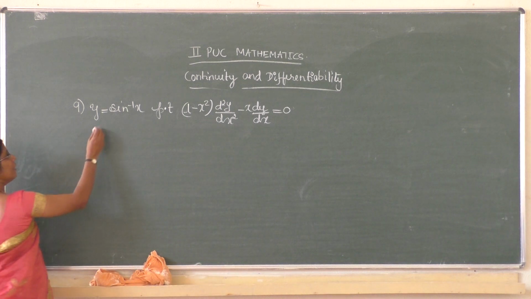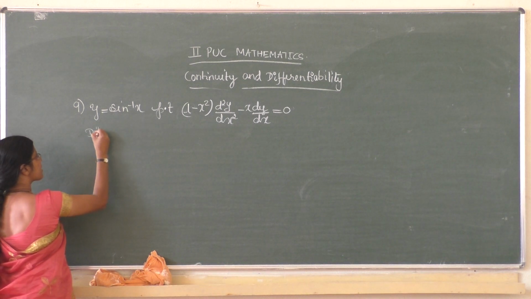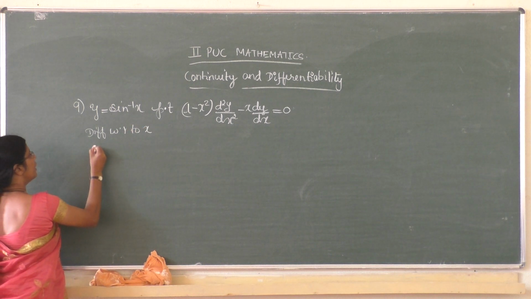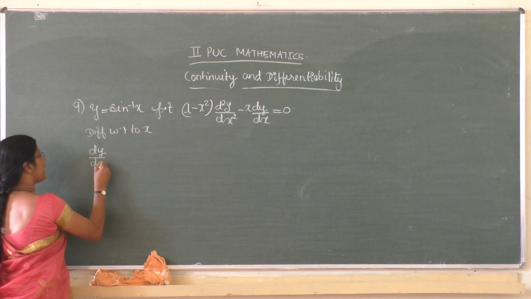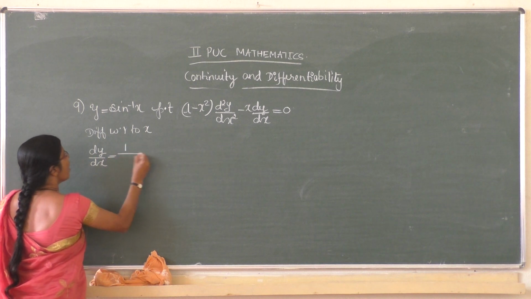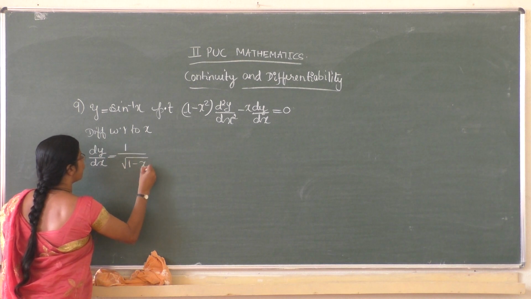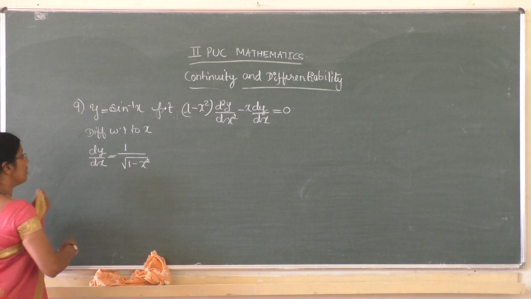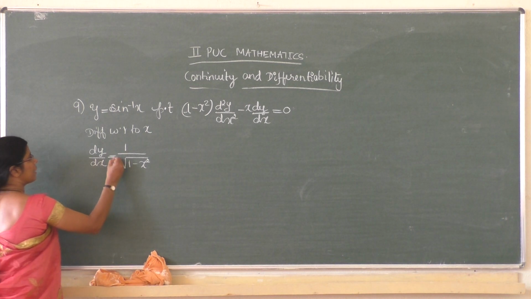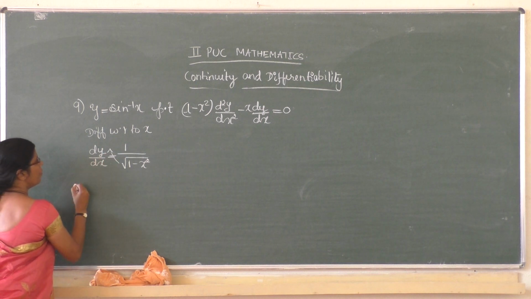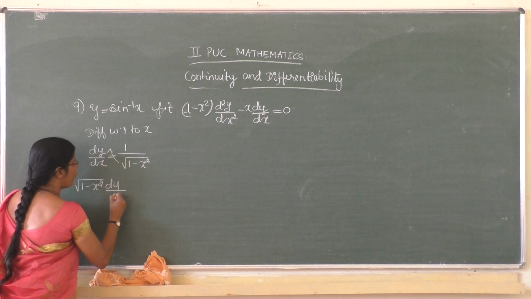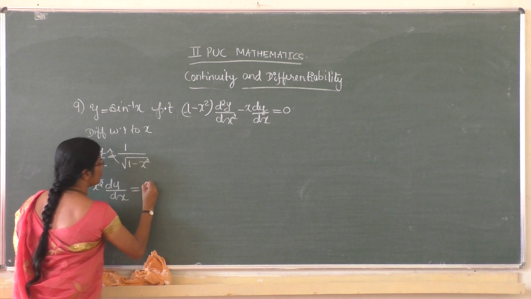So differentiate with respect to x, so dy by dx is equal to 1 by root of 1 minus x square. Then what we get? Cross multiplication. Here we get root of 1 minus x square into dy by dx is equal to 1.